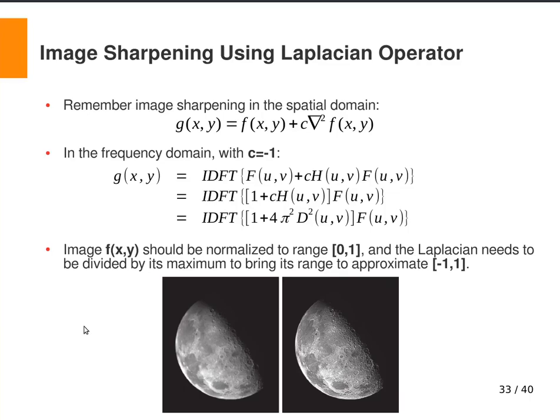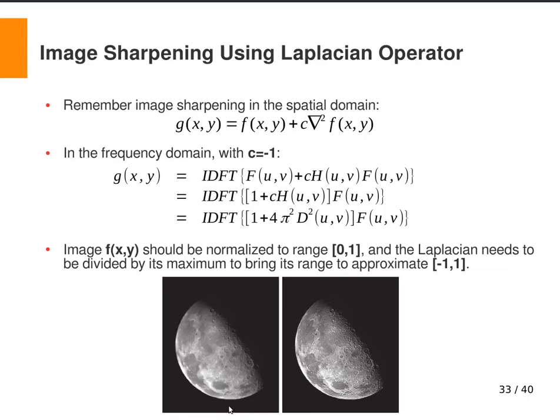What you need to do is normalize it to the range 0 to 1, and also normalize the Laplacian to the range negative 1 to 1. And if you do that, then everything is in order. So by simply calculating this equation, you can get image sharpening using the Laplacian operator.